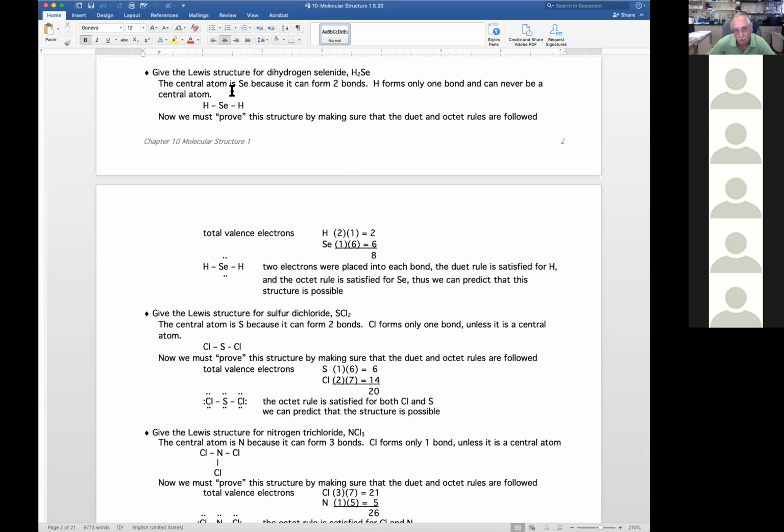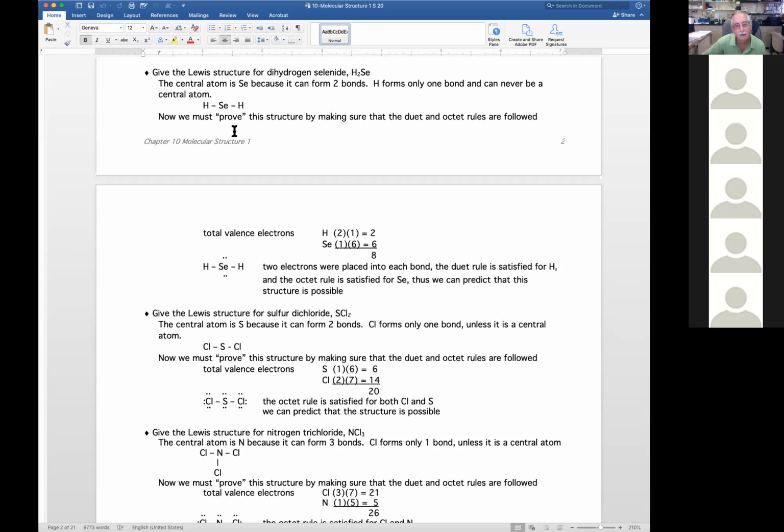So anyway, I would predict the selenium would be the central atom because it can form 2 bonds. It's also the least abundant. Hydrogen forms only 1 bond and can therefore never be a central atom. So I'm pretty sure this is the way it's going to work. Now I have to prove it.